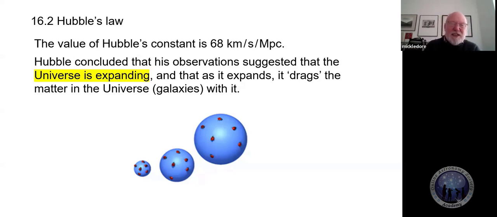And Hubble trying to explain this with rising cakes and loaves of bread and balloons with ladybirds on. I don't think he used that one. I think it was more for a cake, I think. He suggested that because it appears that the galaxies are all moving away from us, and the further away the galaxies are, the faster they're moving, then it all started in a much smaller region of the universe, but the expansion is basically space, and it drags the galaxies with it.